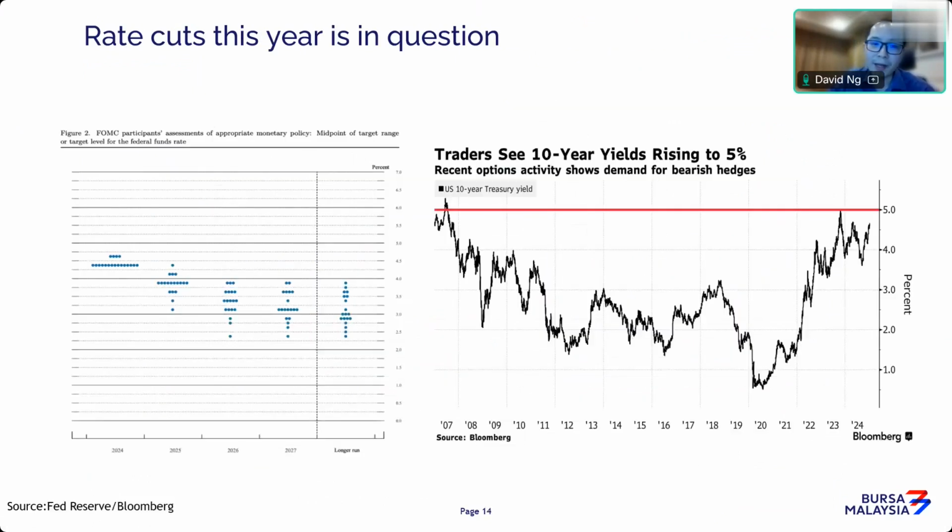So going back to rate cuts, we started off the year thinking that we're probably going to see 2 or 3 rate cuts, but as the previous FOMC meeting has indicated, rate cuts are pretty much out of the question. Even if there's a rate cut, possibly there's only 1 rate cut for the whole year. Eventually, people are looking at rates to remain neutral, meaning no rate hike or rate cuts.